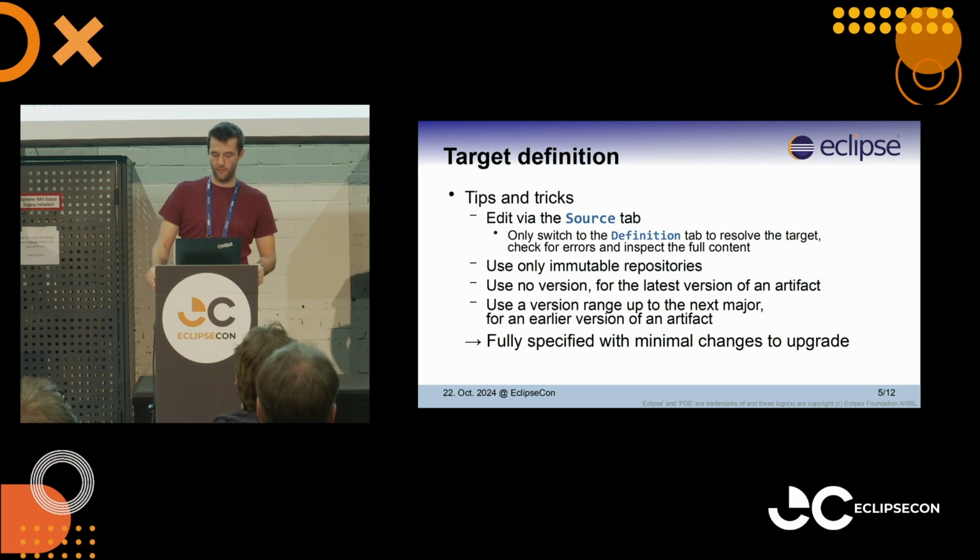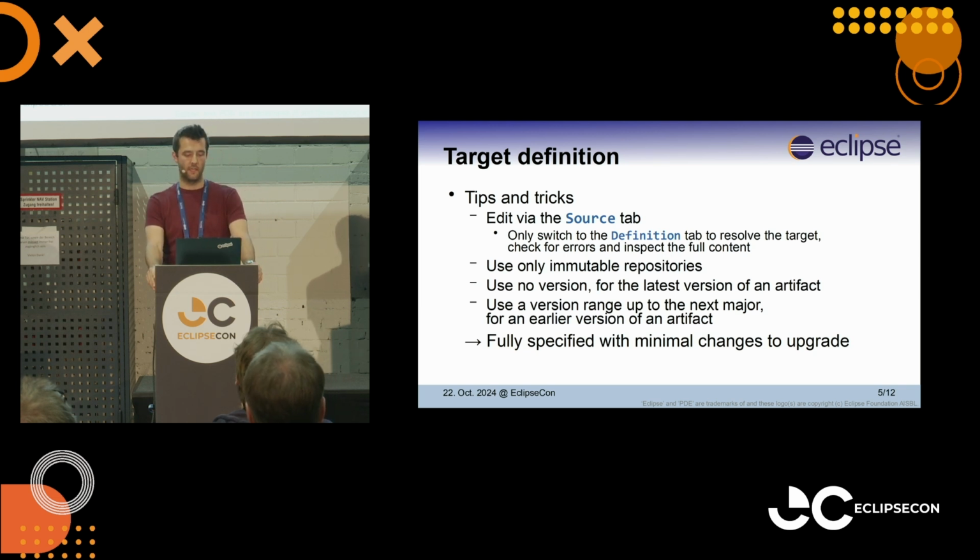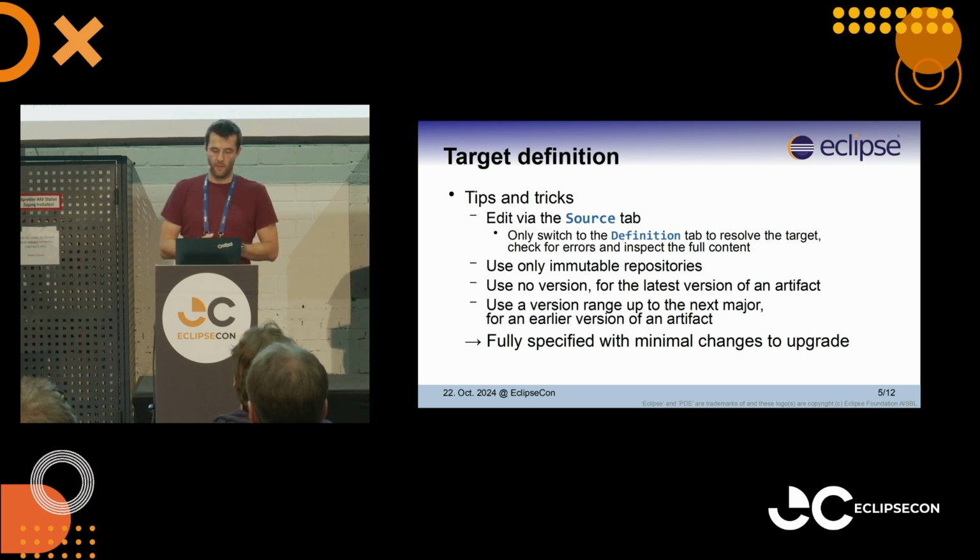I only switch to the definition tab to resolve the target, to check for errors maybe, as you've seen accidentally, and to inspect the full content of the resolved target, if this is of interest. And then you can also, as I've shown, reload the target platform in the source tab again through these code minings.